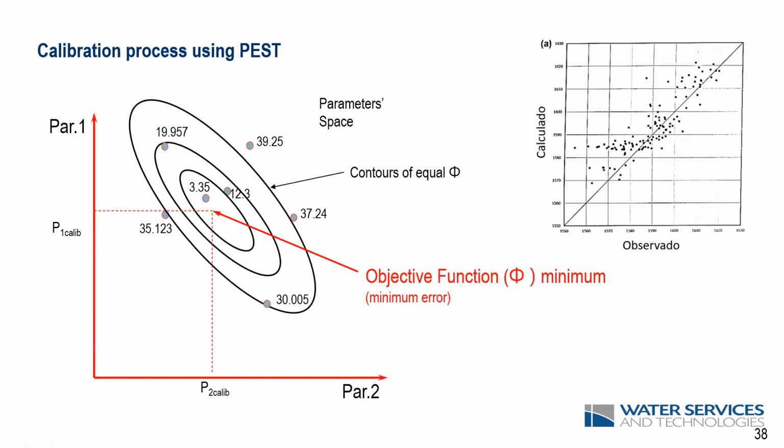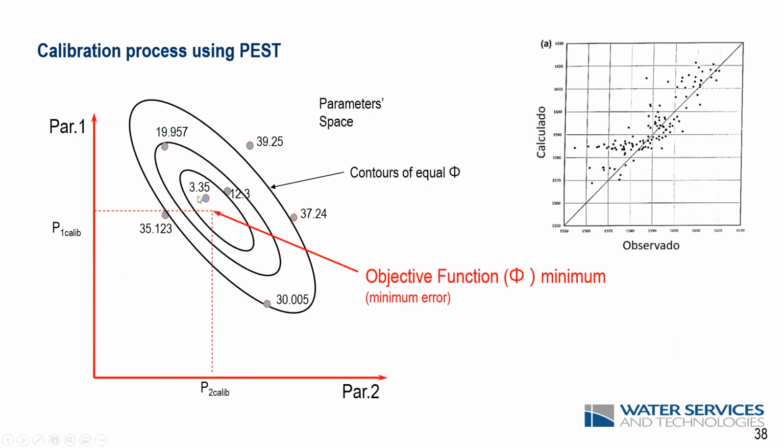So the calibration process using PEST, what PEST will do, it will try to minimize the error. That means the deviation between, for instance, the observed head in the field and the calculated head in the model.